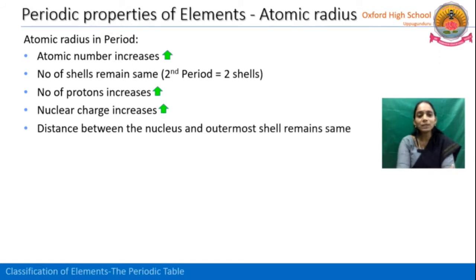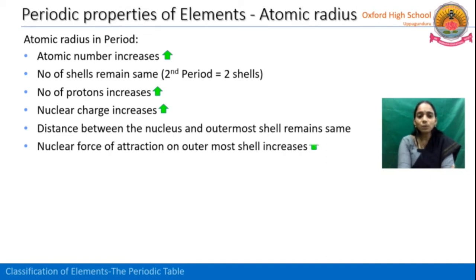But we know that the distance between the nucleus and the outermost shell remains the same, because how many shells are there? 2 shells only in the second period. So the distance between these two is the same. But here the positive charge, the nuclear force of attraction, is increasing. So what will it do? The nuclear force of attraction attracts the outermost shell.